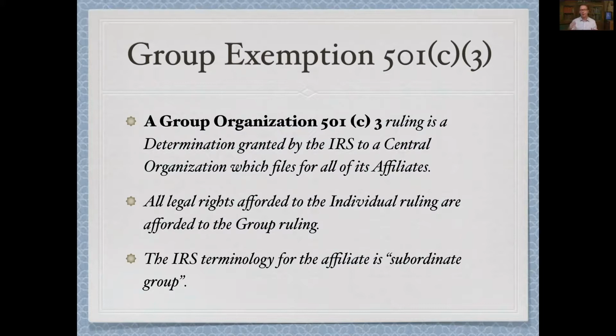I'm going to show you how the operations differ between the individual and the group exemption, but the group is also afforded all the legal rights of the individual. If you're surfing around on the irs.gov website, or talking to a lawyer about setting it up, you're going to hear the terms affiliate and subordinate, because those are the ones that come under the group exemption.